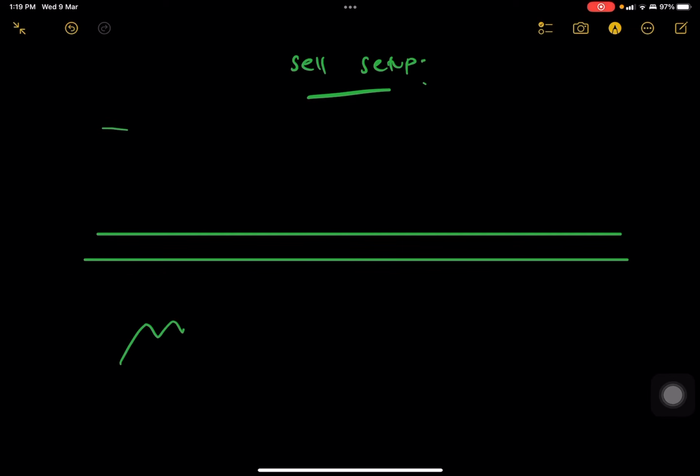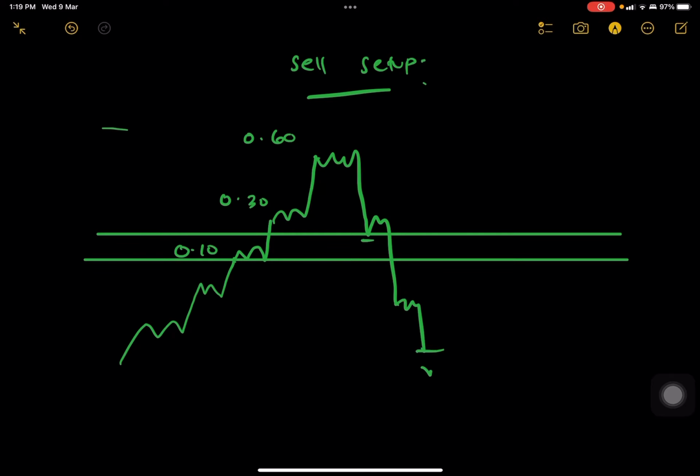Make sure when price hits the resistance, you enter using the smallest lot first, 0.10. And if suddenly price breaks above, you can place another 0.30, and your last entry would be 0.60.